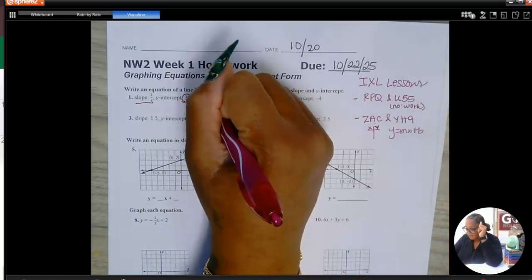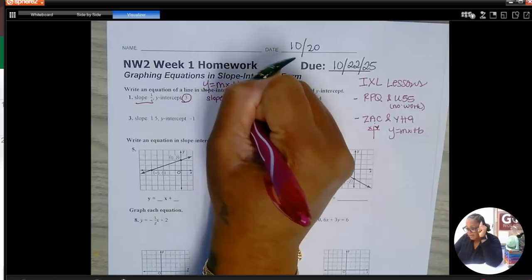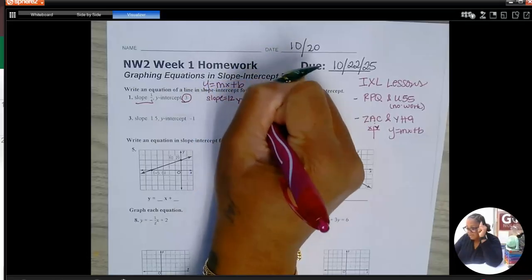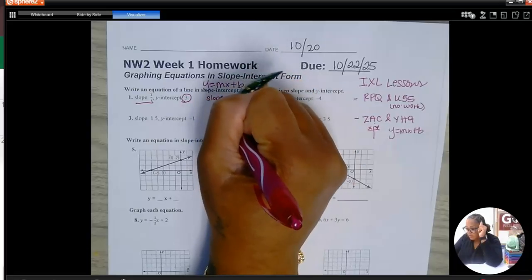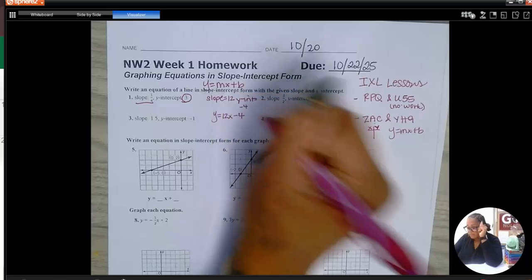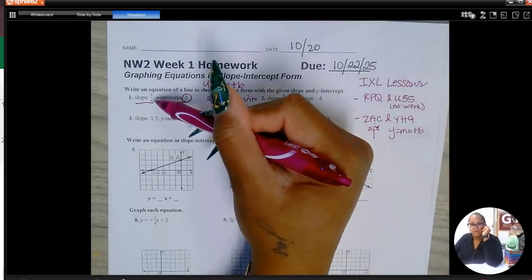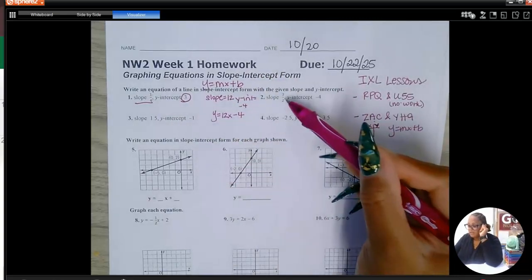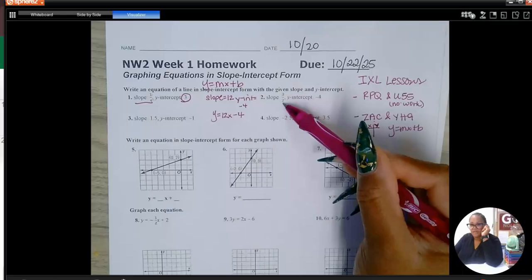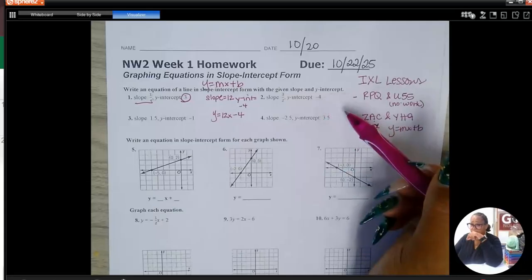So for example, if my slope is 12 and my y-intercept is -4, then I would say y equals 12x minus 4. That's all I'm doing. I'm taking this number, making it the coefficient of x, and this is a -4, so instead of writing +4, I'm going to write -4.